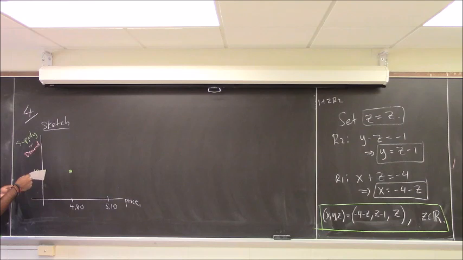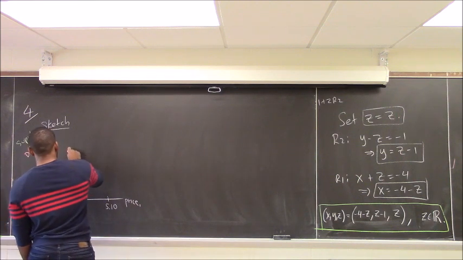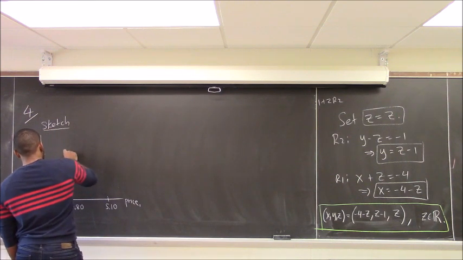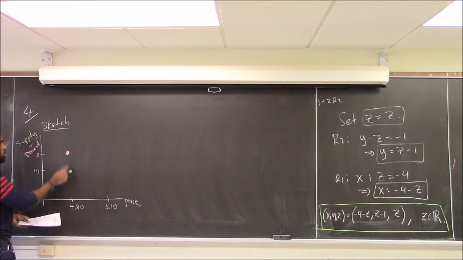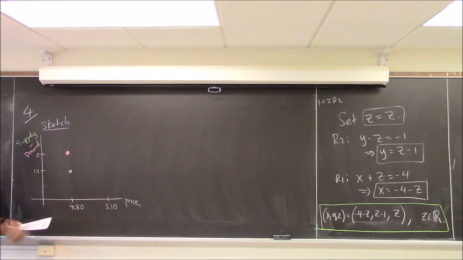The annual demand is 2 billion, so I'm going to put in a 2 here, and that's going to be the one for the demand. Now if you don't have colors, just put a dot for one and an X for the other. You do want to distinguish between who's who.